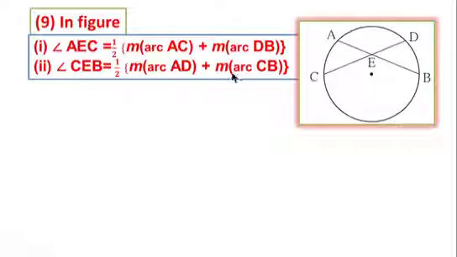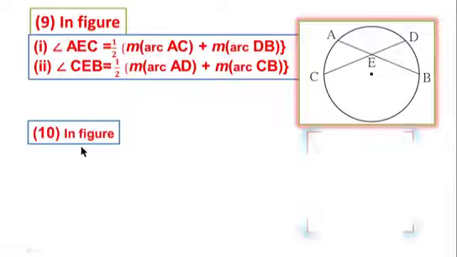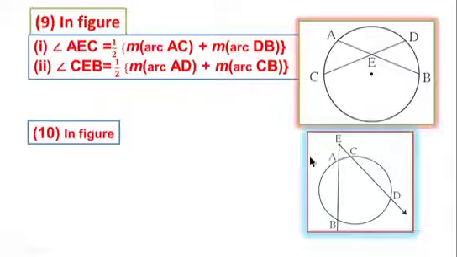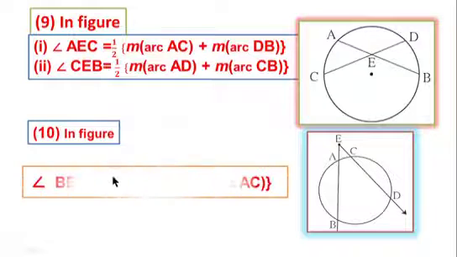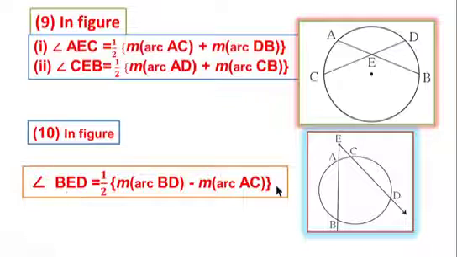Angle CEB is equal to 1/2 measure of arc AD plus measure of arc CB. 10th, in the figure, angle BED is equal to 1/2 measure of arc BD minus measure of arc AC.